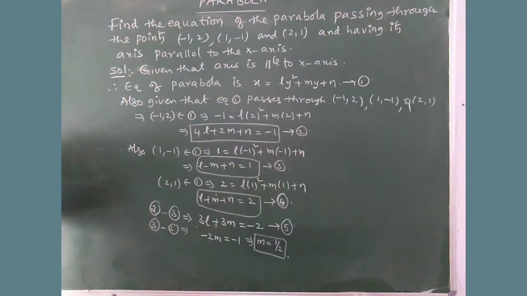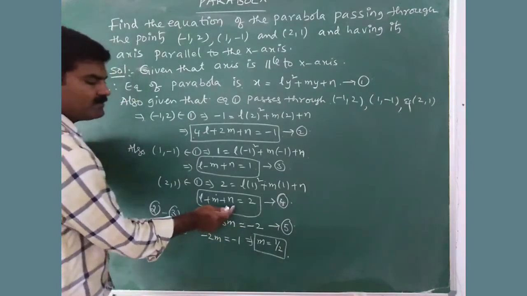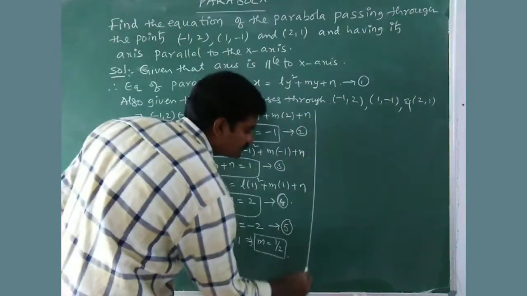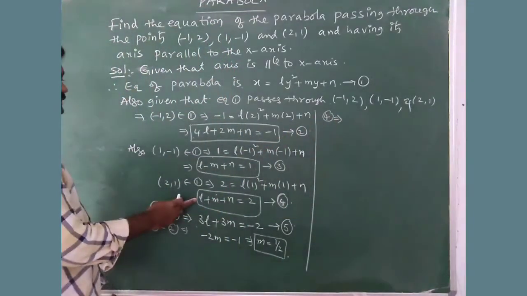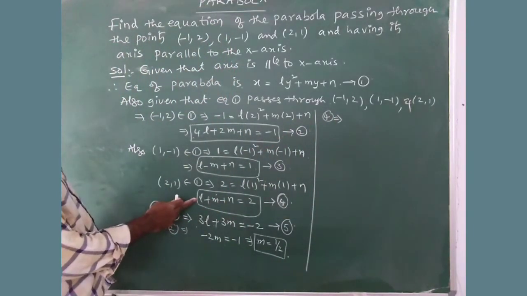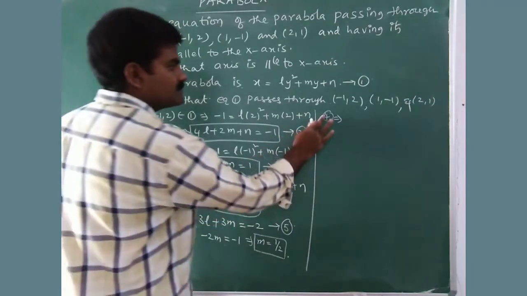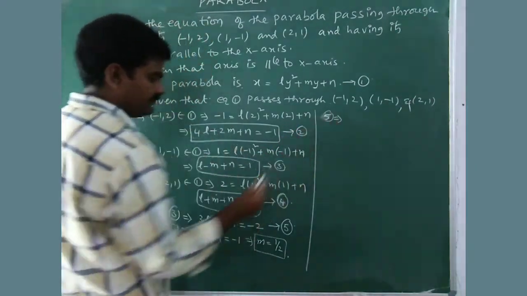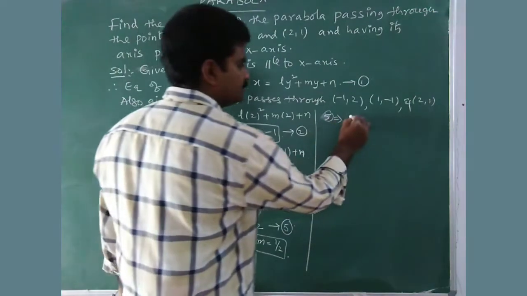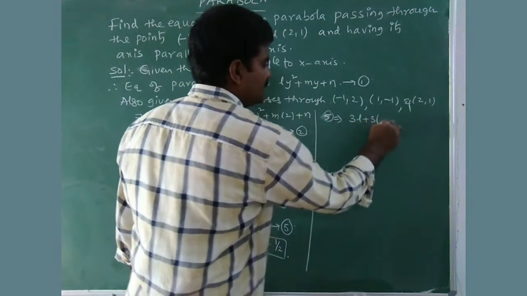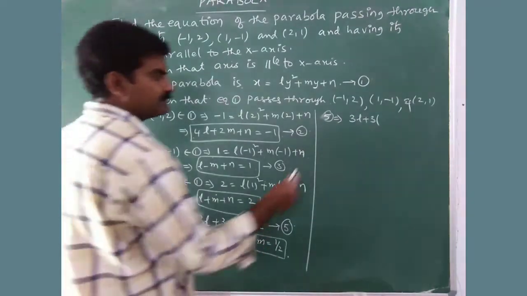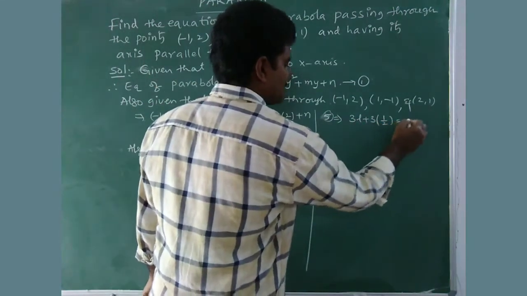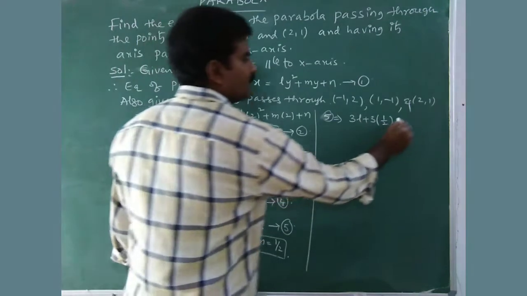Okay, now let us substitute this m value in the above equation number 4. Now equation 4 implies, what is the fourth one? Not the fourth one, but the fifth one. Better we substitute in the fifth one. Fifth one, see, 3L plus 3 into m. m is nothing but, just now we got, 1 by 2, which is equal to minus 2.